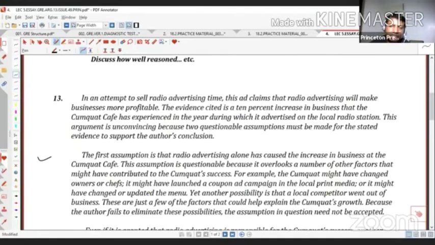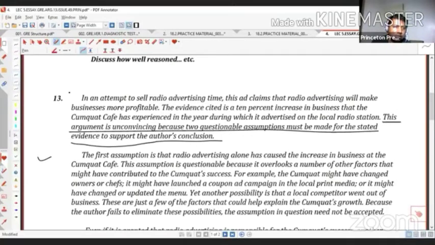This argument, this is the keyword. This is the main sentence. You must write that. The first is a paraphrase of whatever they have mentioned, in your own words. Now, this is the most important.